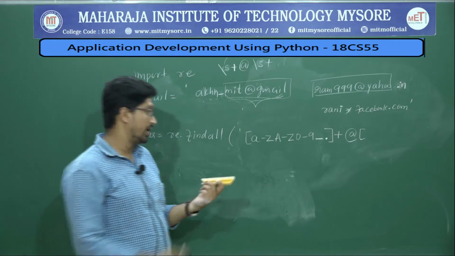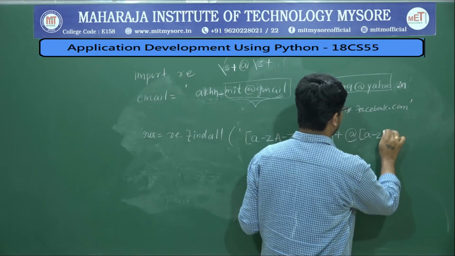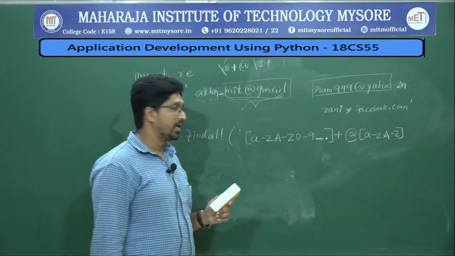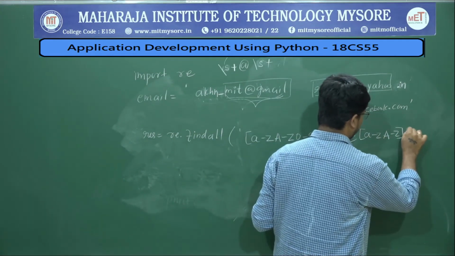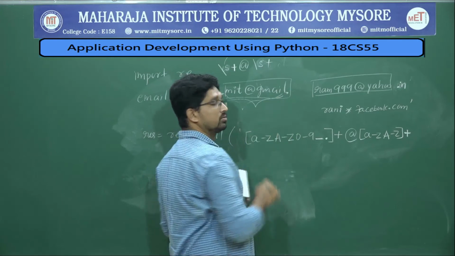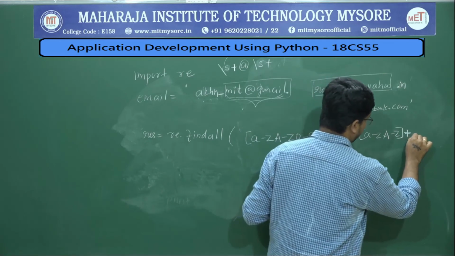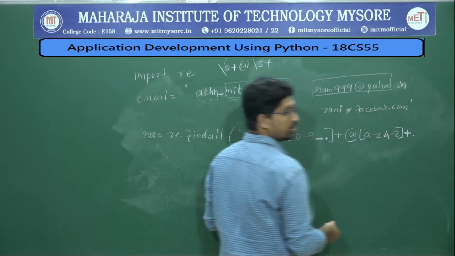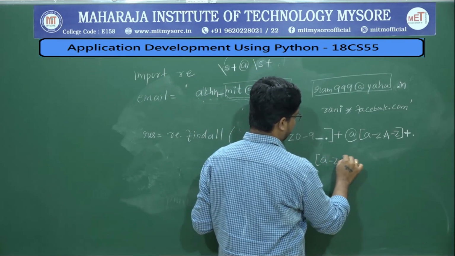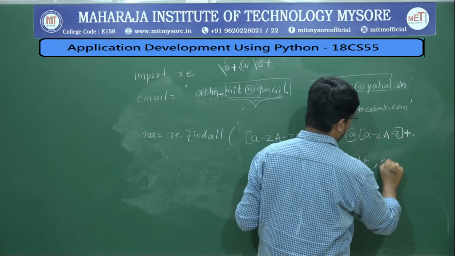Numbers are not allowed, so again you write a to z, capital A to Z, plus. Which follows what? You need to have a dot. You cannot have star in or dollar in, so you write a dot. Which is followed again by a character set: a to z, capital A to Z, plus, comma, email.